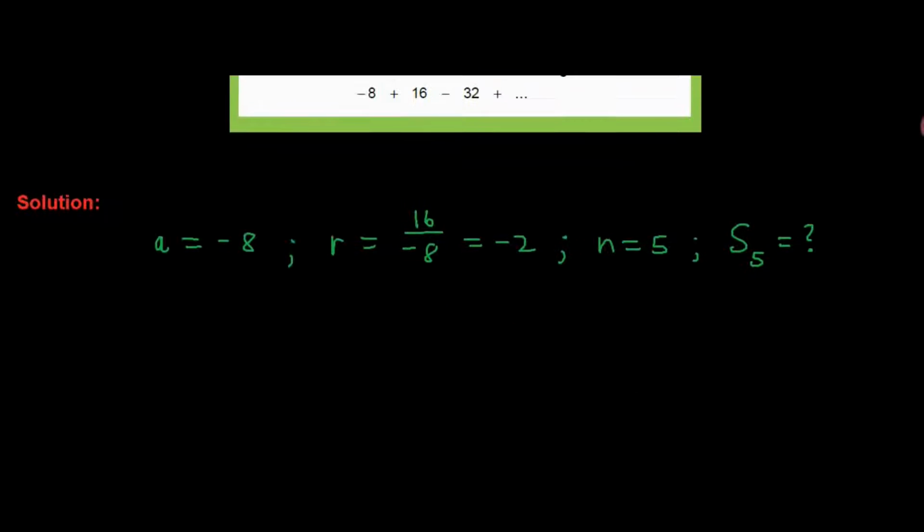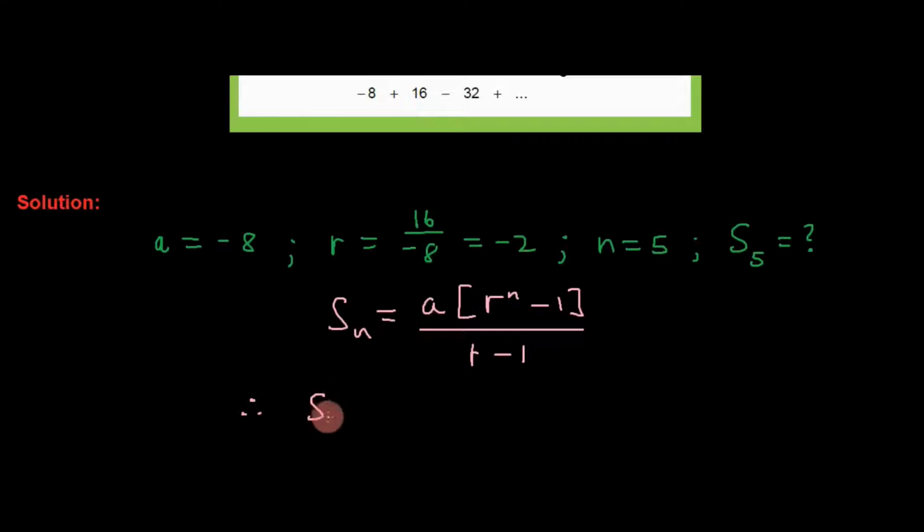So then using the sum formula, S sub 5 is equal to A into R to the n, and n is 5.